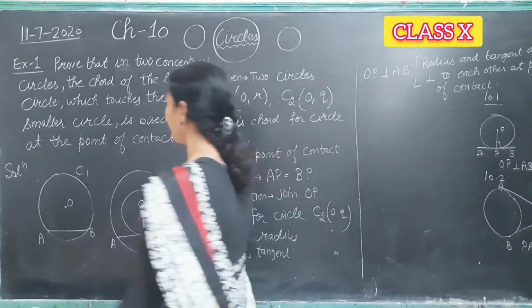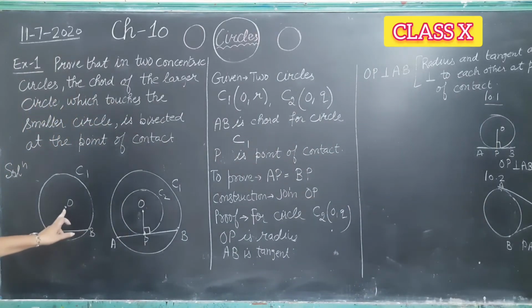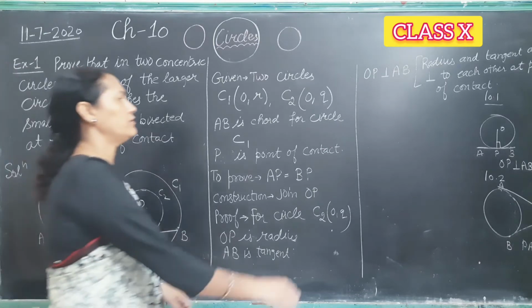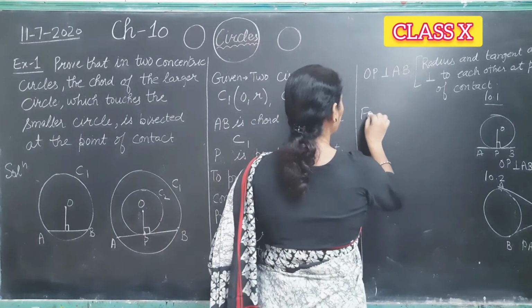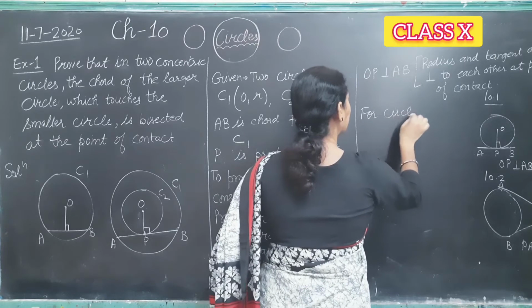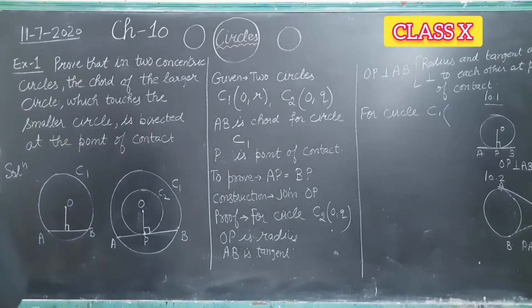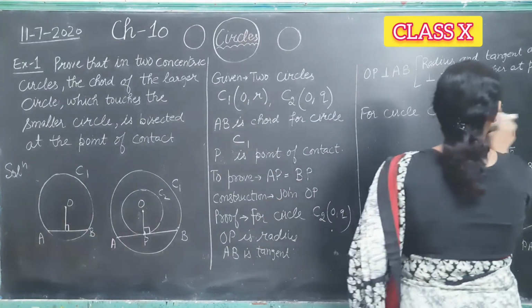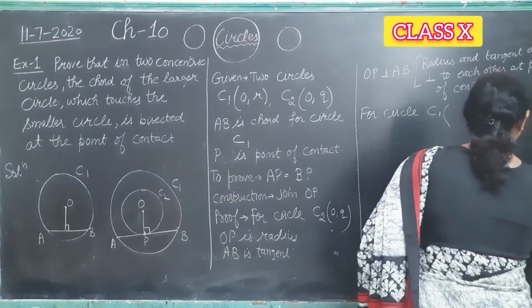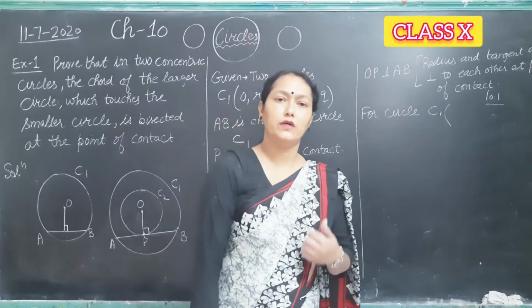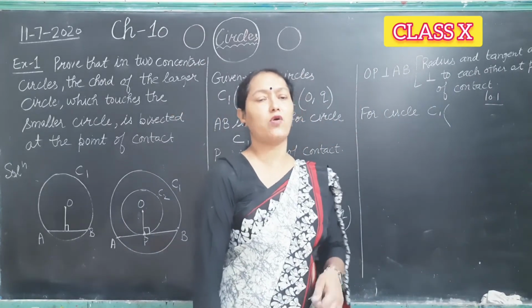Now, if again we talk about the bigger circle C1, we are saying that this is perpendicular. In this circle, AB is a chord for circle C1, for the bigger circle. AB is a chord and OP is perpendicular. And in 9th class we have learned that a perpendicular from the center on the chord bisects the chord.